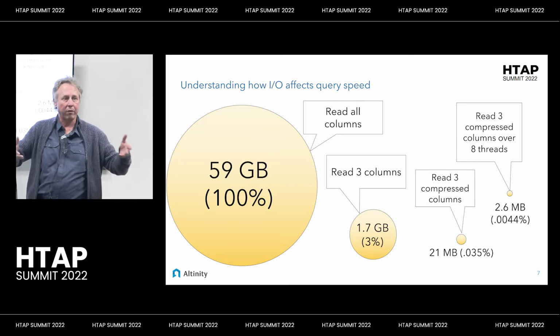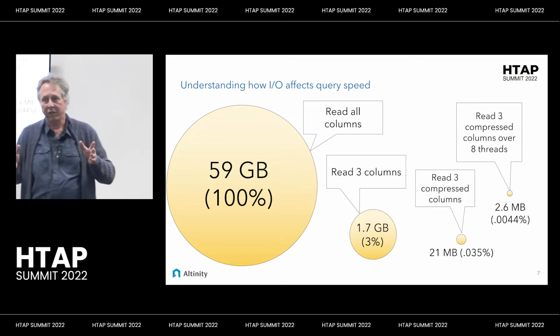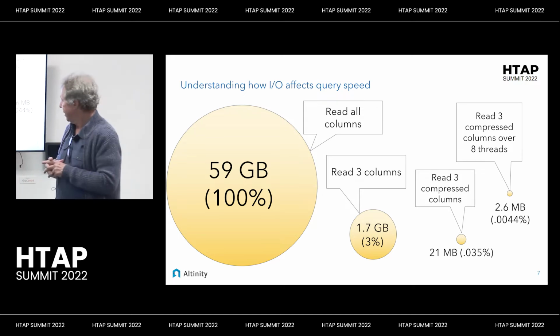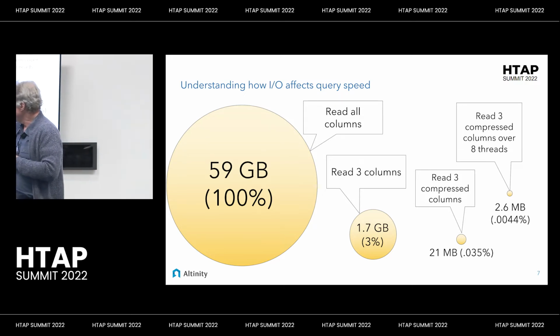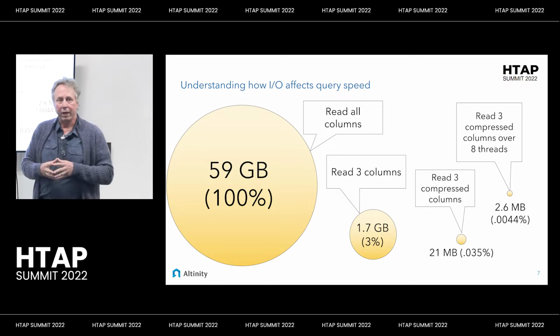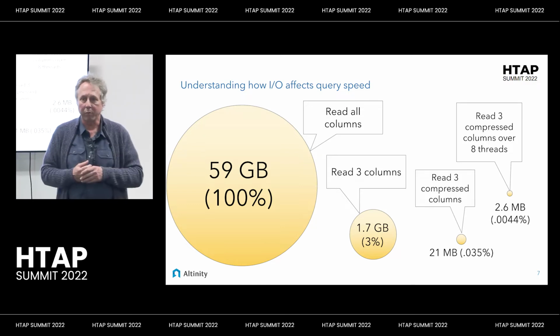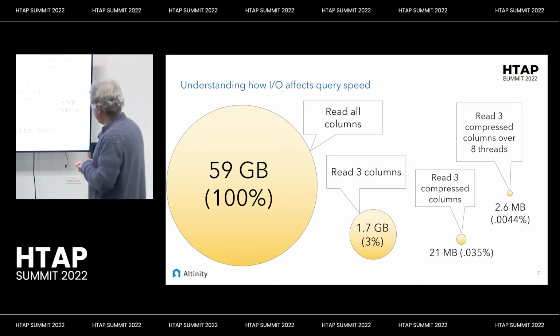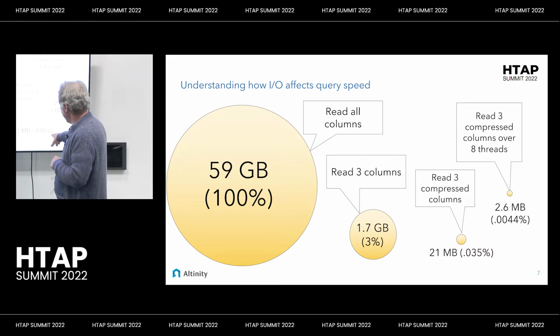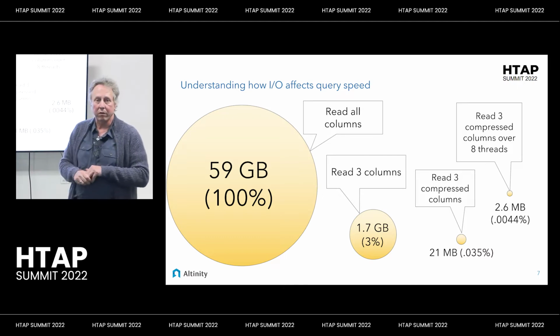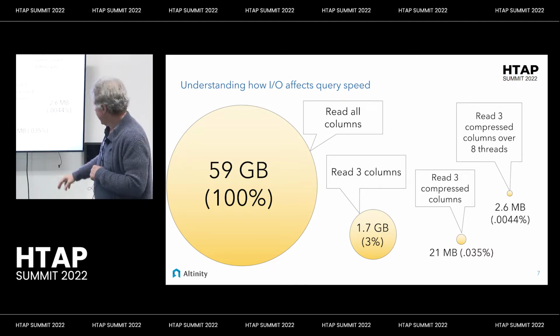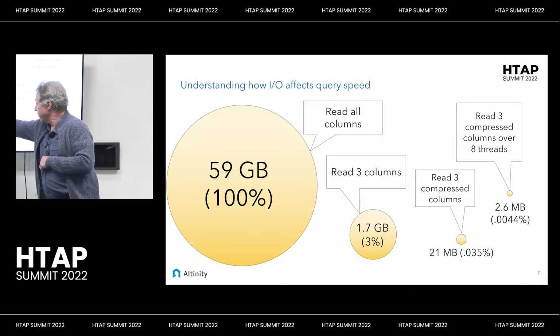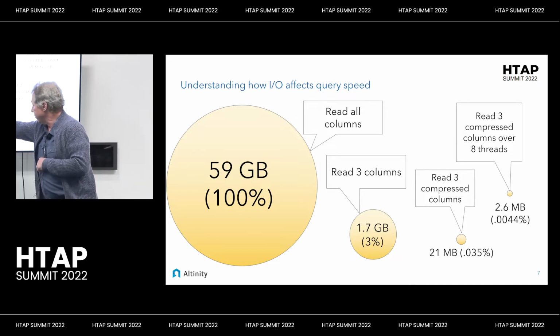Now, if you read it in ClickHouse, you just read 3 columns, and through the fact that you prune off all the columns you're not interested in, this table is about 109 columns, that gets you down to 3% of the data. That's already a big win, but the really big win is from compression. The actual amount of data that we really read was only 21 megs total. We're dropping this down by 30 times just by pruning columns.